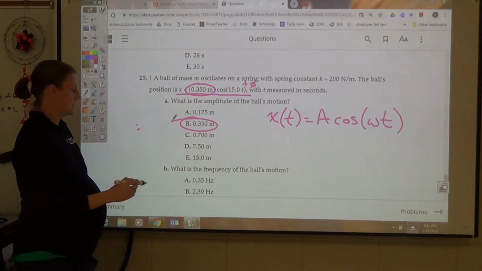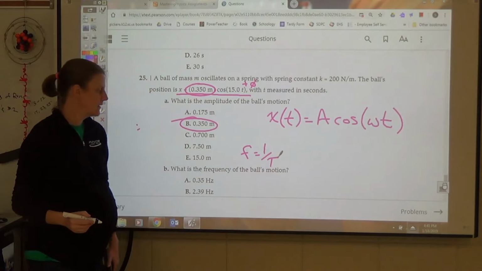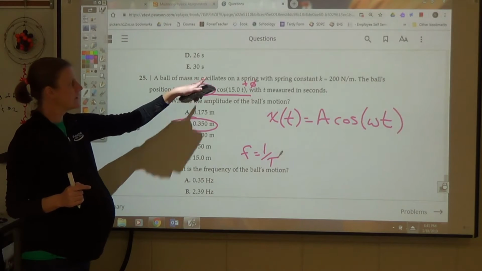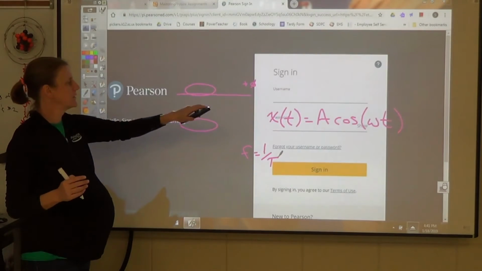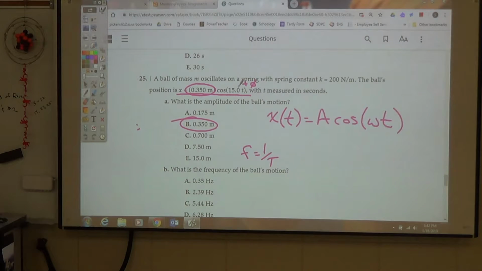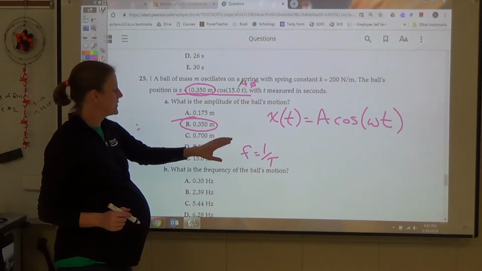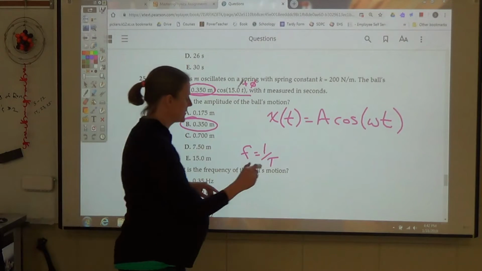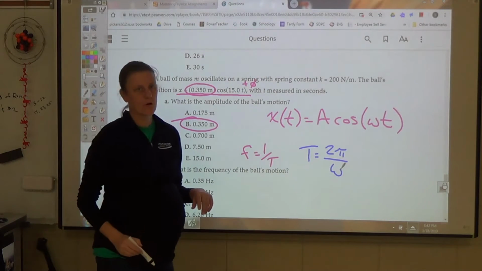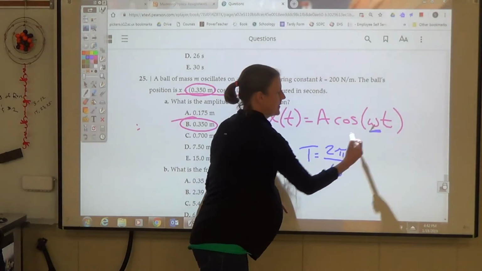What is the frequency? All right, again, if I want to do frequency, I need T. Now, I could get T if I knew m and k. I know k, but I don't know m. So close, too. Alright. The other formula you know for T is 2 pi over omega, and omega is what is in front of the time.